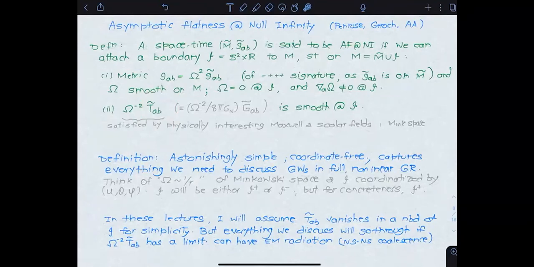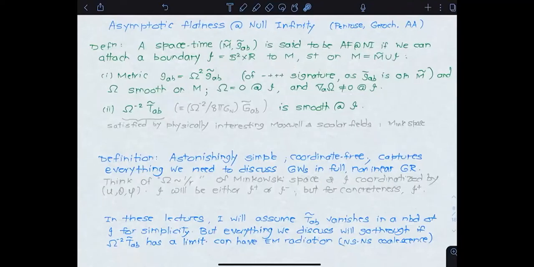Now, this definition is so incredibly simple. No coordinates, there's nothing. And it looks like, what does it have to do with null infinity and Scri and all that? And the beauty is that Penrose's definition, when he gave it before, had all the essential ideas that I'm talking about, but it's a bit more complicated. There are several other conditions, and they have to do with null geodesics and so on, and they all go away here.